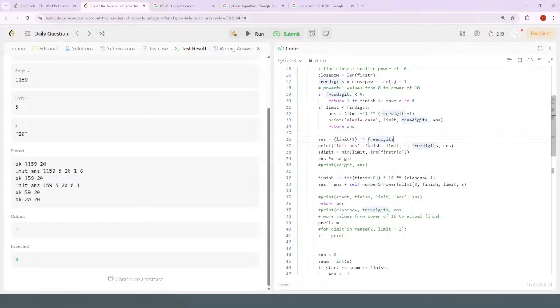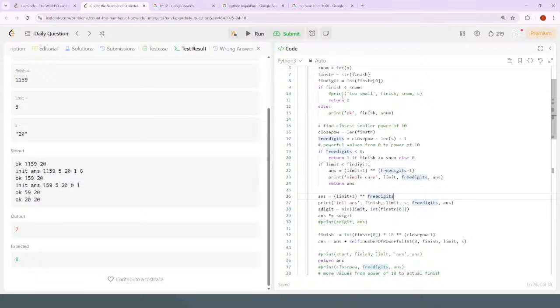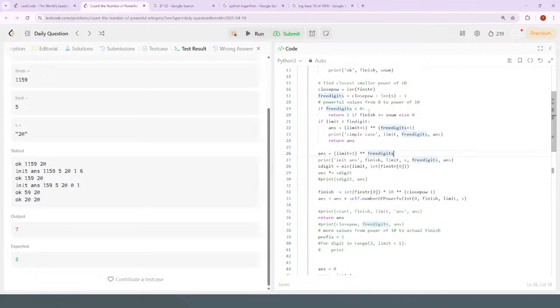So the initial answer for 159, 520, 0 free digits. Limit is, so for the 59, 20, 20. Huh.